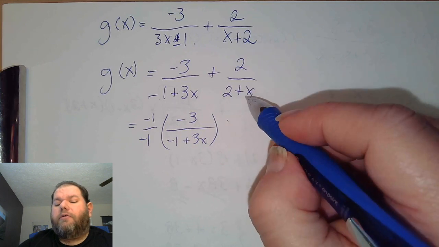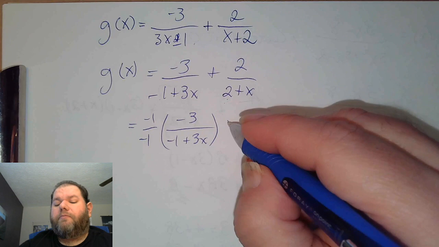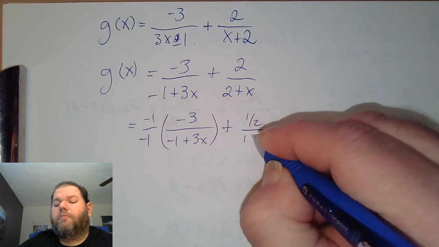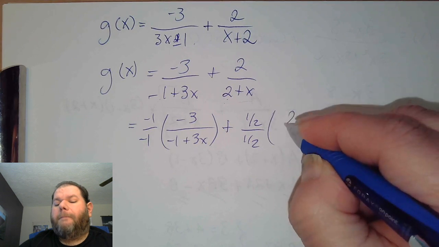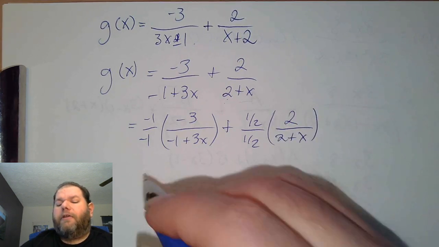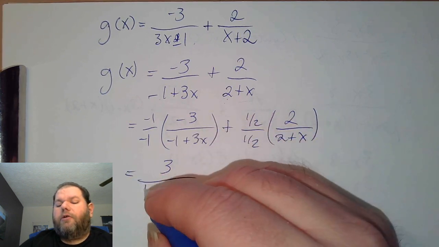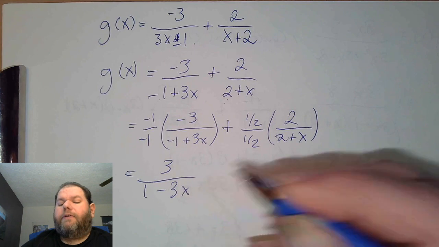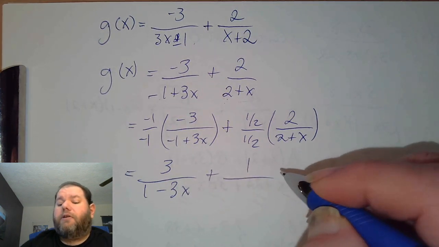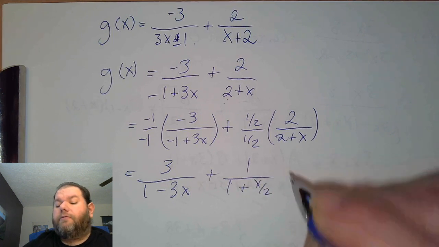And here we have to divide by 2 everywhere. That'll be a 3 over 1 minus 3x, and this will be a 1, it's convenient, over a 1 plus x over 2.